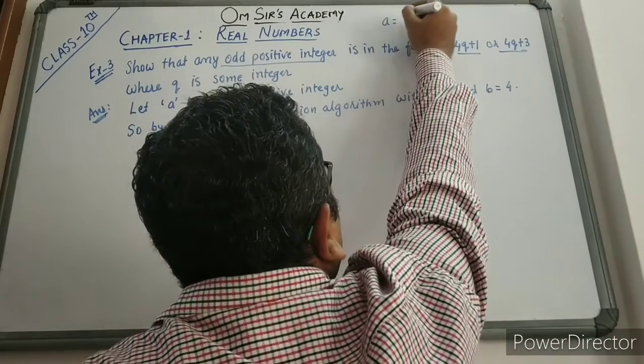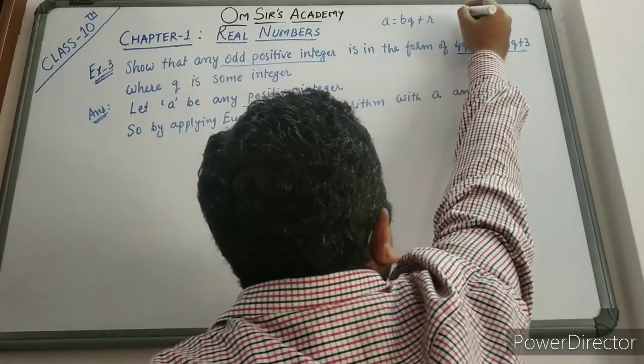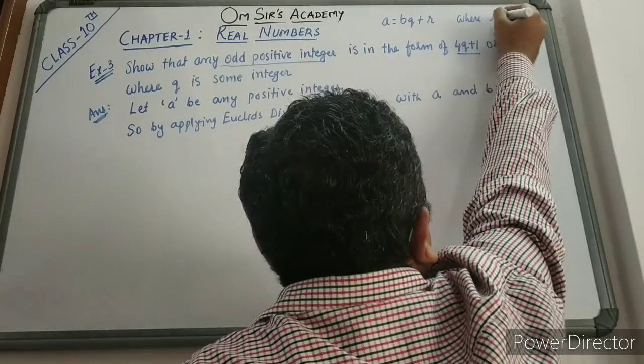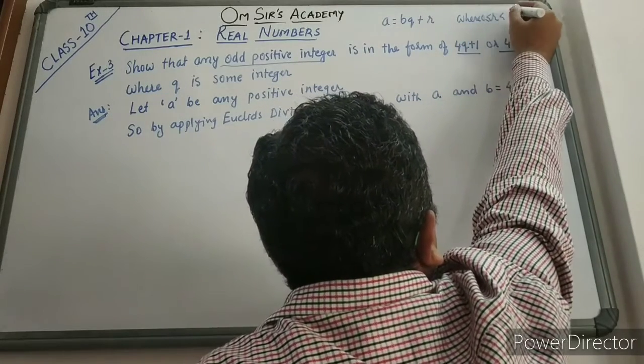As per Euclid's division lemma, a equals bq plus r, where r is greater than or equal to 0 and less than b.